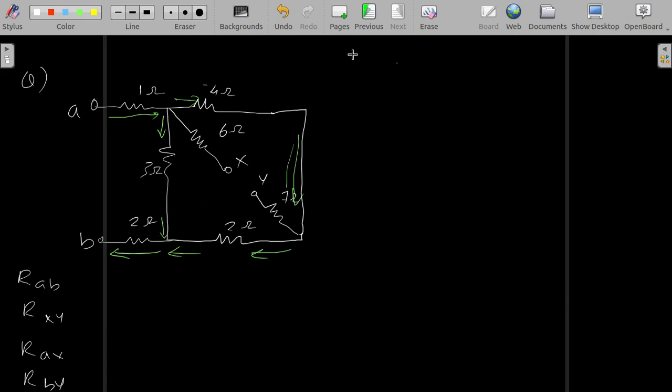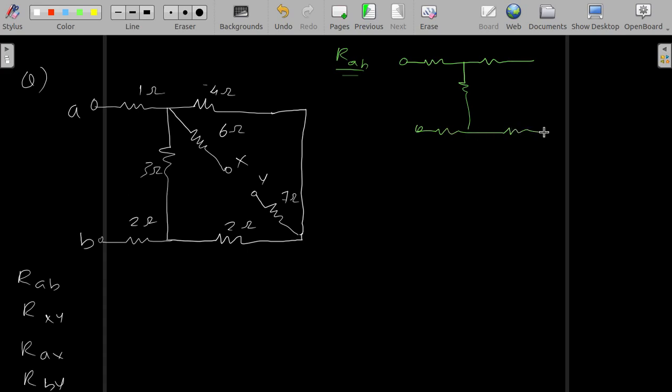So to find R AB, let's write like this. The equivalent resistance circuit network is like this, right? 1, 4, 3, 2 and 2, A, B.